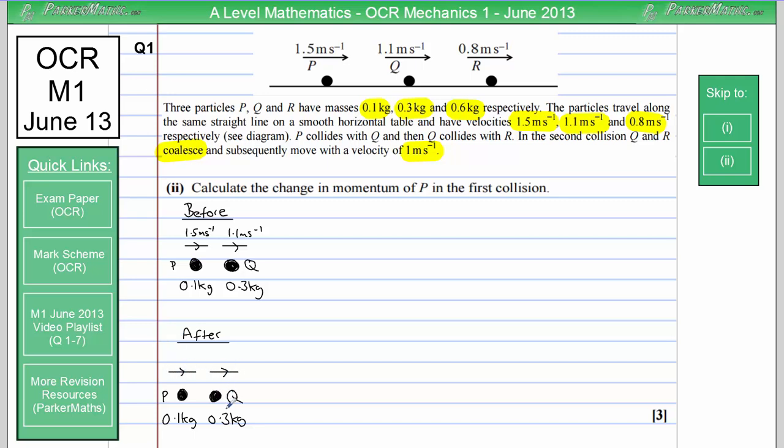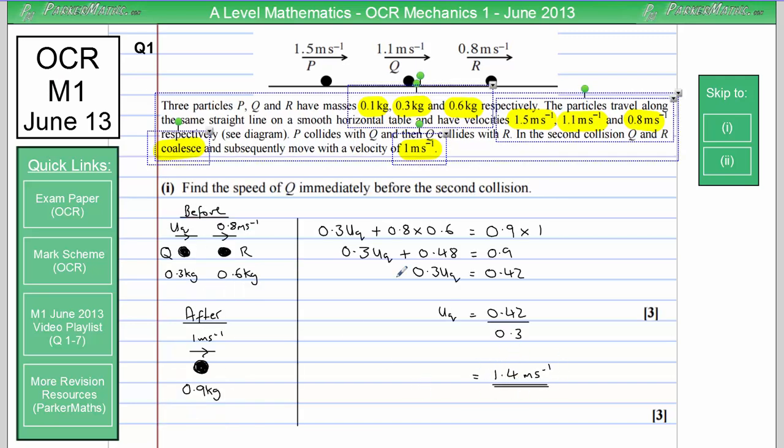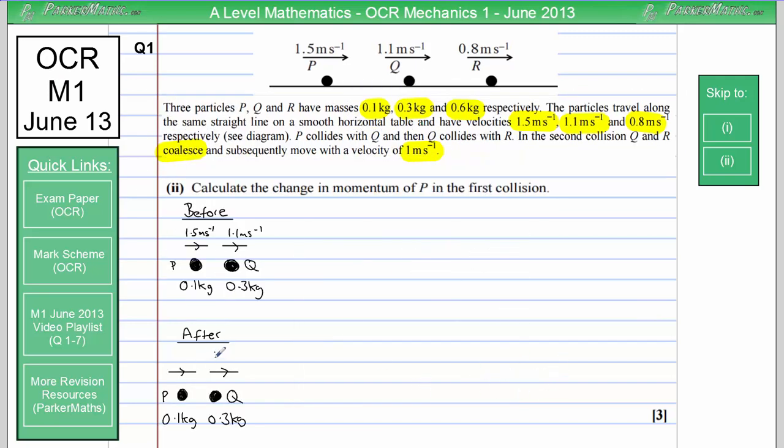Unlike last time, we no longer have two unknowns because we worked out the velocity of Q in the previous part. It was 1.4 meters per second, so we can now add that to our diagram. The only thing that we don't know in this momentum equation that we'll set up is the velocity of P.